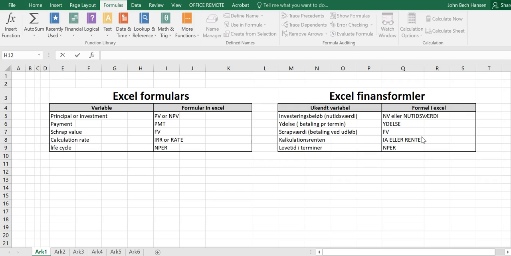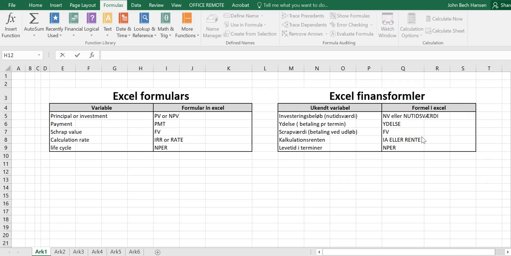Now, this first video here is about the net present value, and when can we benefit from this formula? Well, of course, in cases when we have a long-term project or strategy, we would like to know what is the net present value of all the future payments.